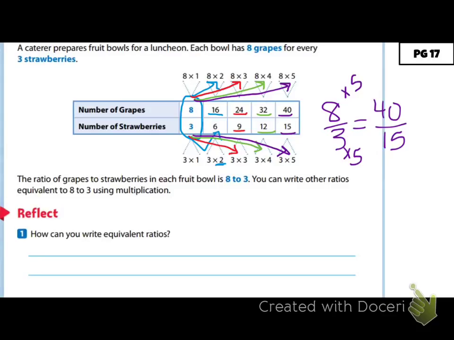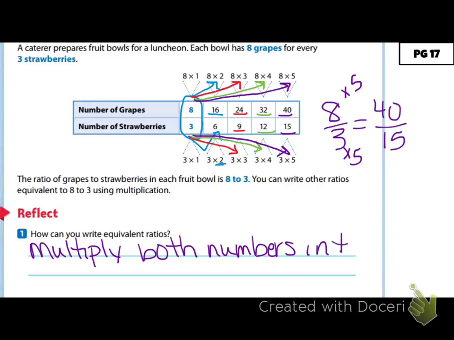How can you write equivalent ratios? Well, just like we did up here, multiply both numbers in the ratio by the same number.